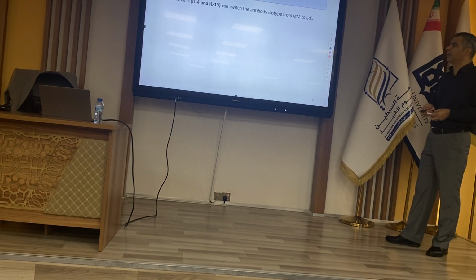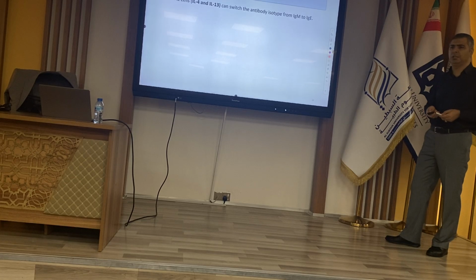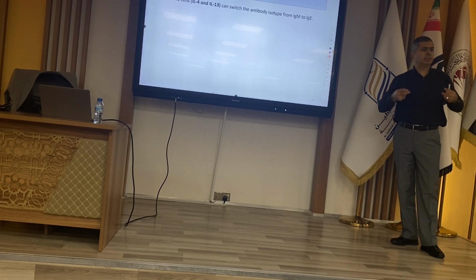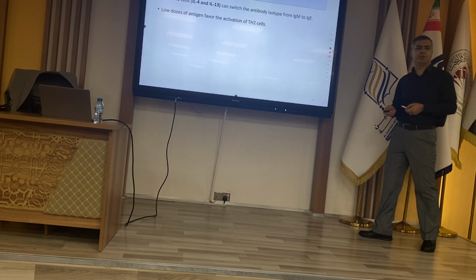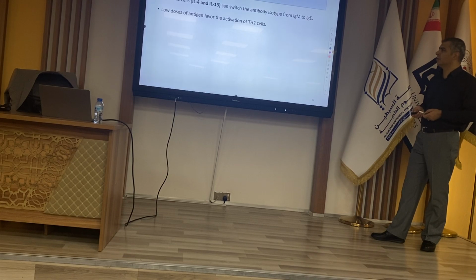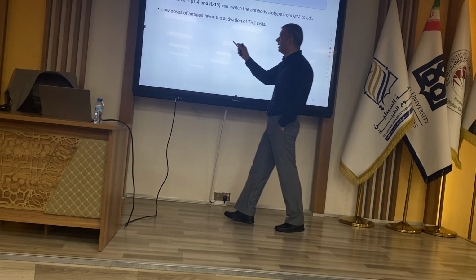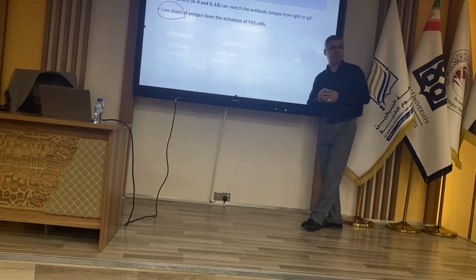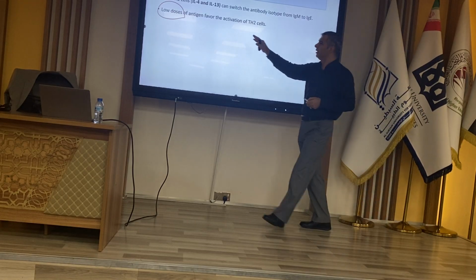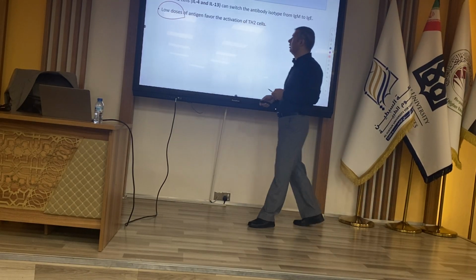So we have CD4 TH2 involvement, interleukin 4 and 13 cytokines involvement, and class switching from IgM to IgE. You know that for class switching we need those cytokines and direct cell contact between TH2 and B cells. Low doses of antigen favor activation of TH2. That's why I said they are soluble small molecules that we usually encounter in low doses.